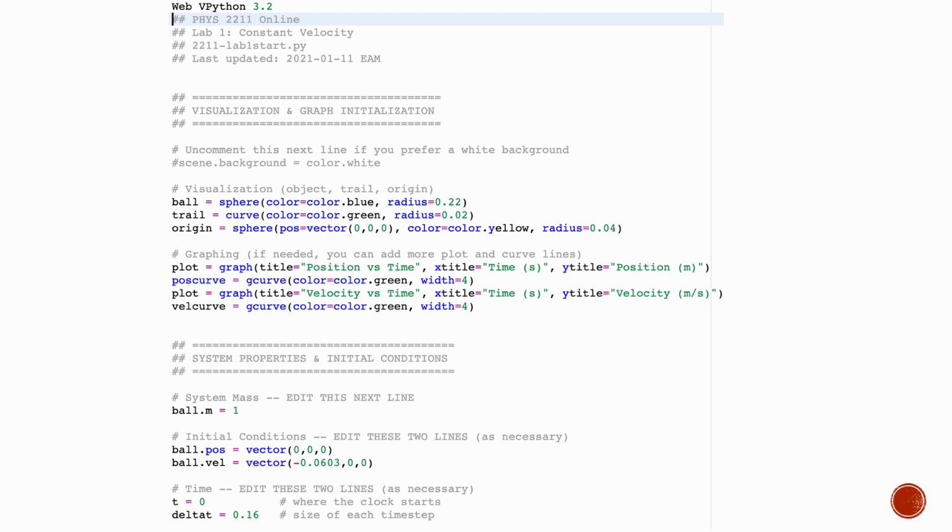In my coding, considering the time difference between data points we collected in Tracker to be 0.16 seconds, I changed delta t into 0.16 seconds and changed the original negative 0.37 meters per second velocity of the object into negative 0.0603 per 0.16 second.